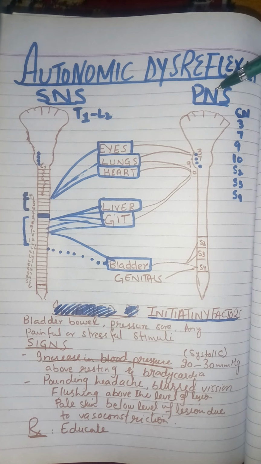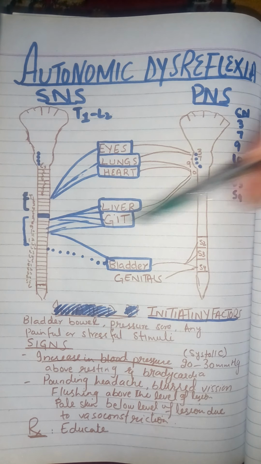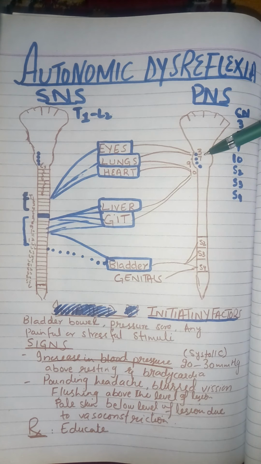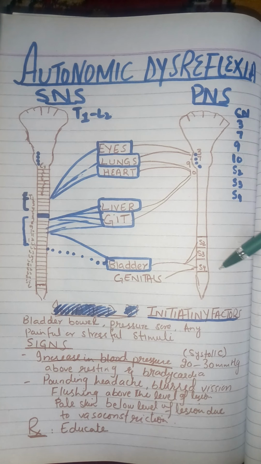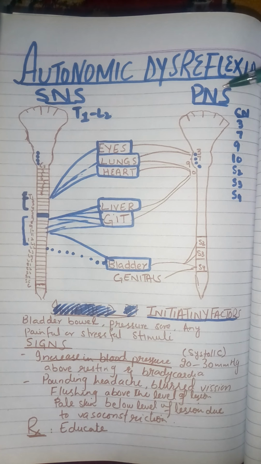And then the parasympathetic nervous system is present in, here I've made a random figure, the brain stem and the sacral region. So the parasympathetic nervous system comprises fibers from cranial nerves 3, 7, 9, 10 and sacral levels S2, S3 and S4. So this is their location.